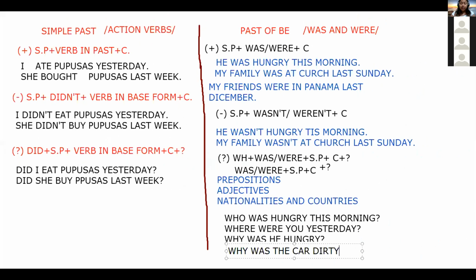So I ask my son, why was the car dirty yesterday? Maybe my son used the car and made it dirty. But I come here as a father or mother and say, why was the car dirty yesterday? Tell me. Now the car is not dirty anymore. It was dirty yesterday. So I want to know about something that happened in the past. Are we okay?